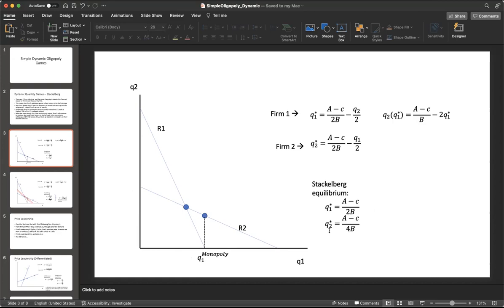And if you just do the math here, Q2 is A minus C over 4B. Okay. I have a question. How will you get Q2 star? Knowing Q1, let's say you've already solved for Q1 star and you're convinced it's the monopoly output. How would you know Q2 star? Just in words.